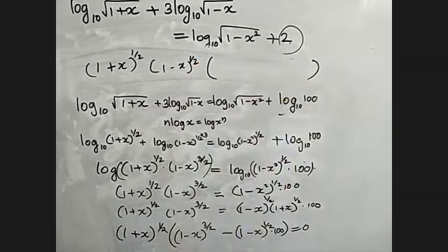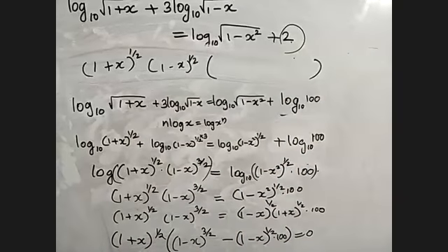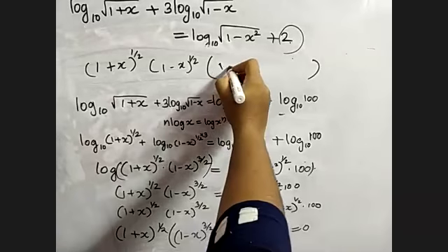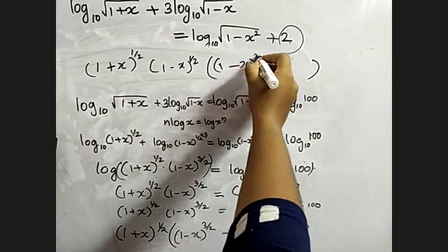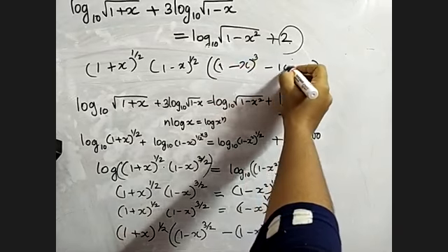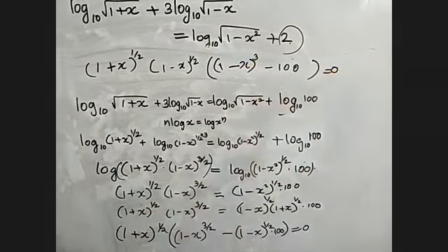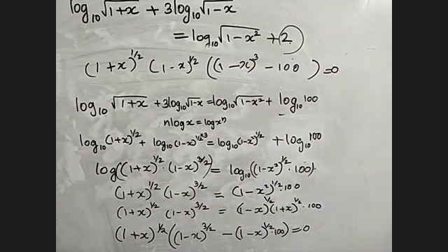Inside this, I will have 1 minus x cube minus 100 equal to 0. Isn't it?